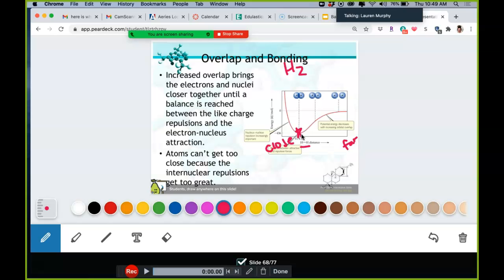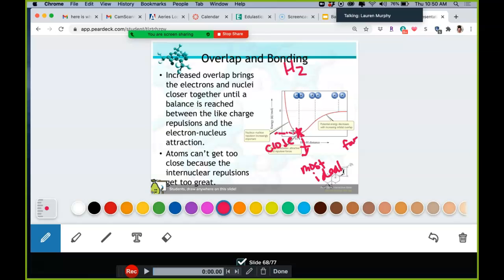Right at the bottom, wherever the biggest dip is, is the most ideal distance. In other words, this is the energy that's released or absorbed when the bond is formed. So this is the maximum energy released when the bond is formed, so this is the most ideal distance.